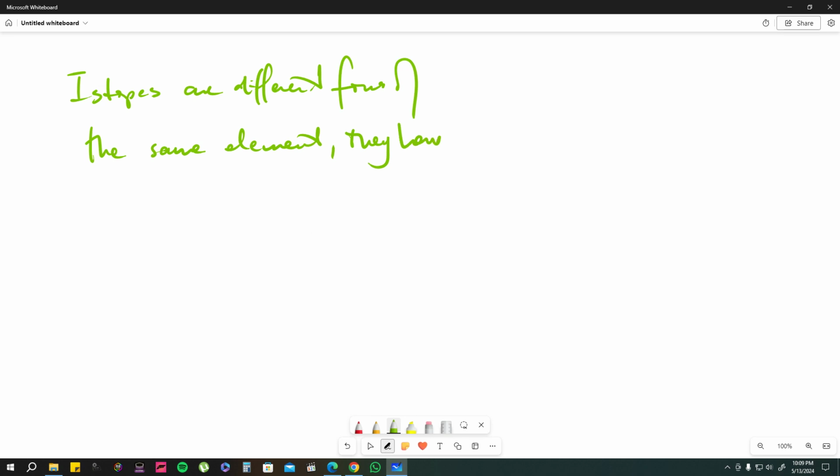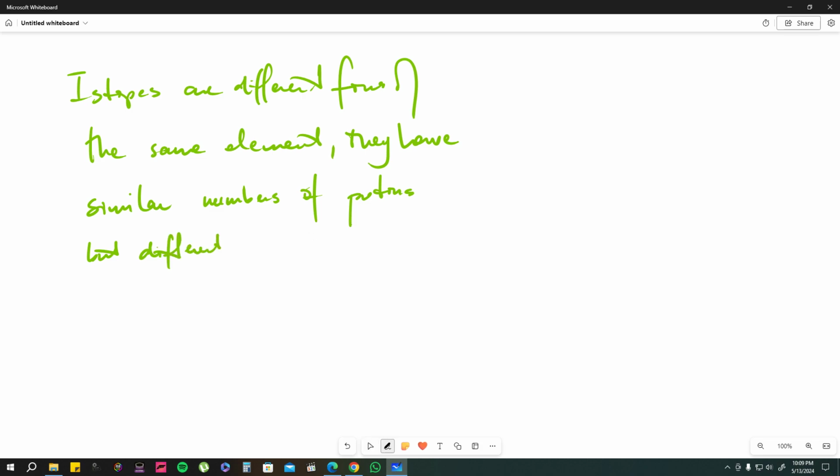They have similar, I should write the word out, numbers of protons, but different numbers of neutrons. And this is how we define an isotope.